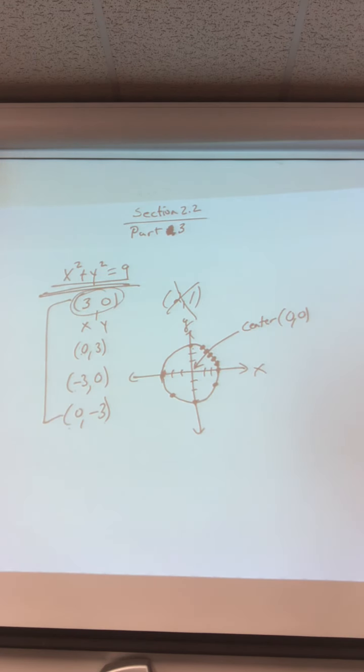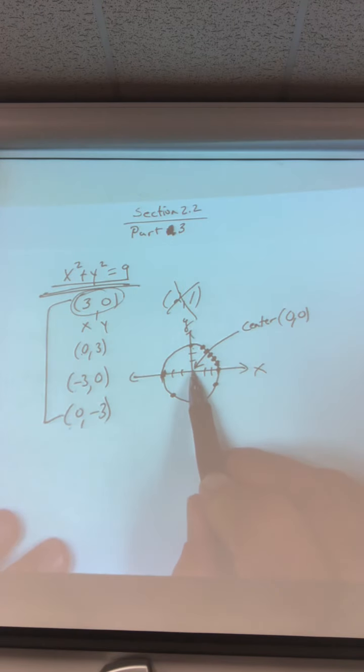Now, notice something else about this circle. Remember in geometry, whenever you're talking about the radius of a circle, what did we say the radius of a circle was? It's how far the circle is away from the actual center.